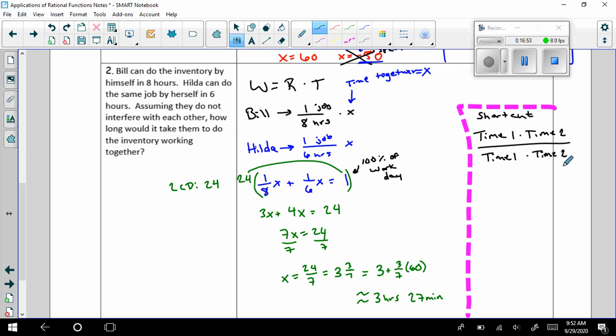Okay, and it gets you to the same place. So let me show you how that works. So time 1 is 8. Time 2 is 6. So we're going to multiply on the top and add on the bottom. And so we get 48 over 14, which reduces to 24 over 7, which we saw turns into that. So you can see that works the same way.